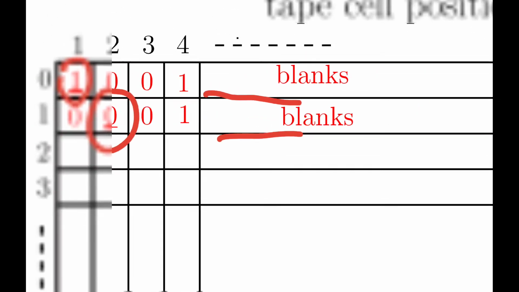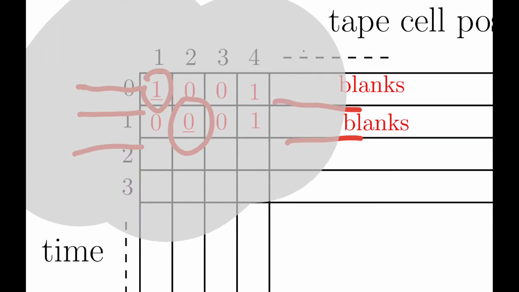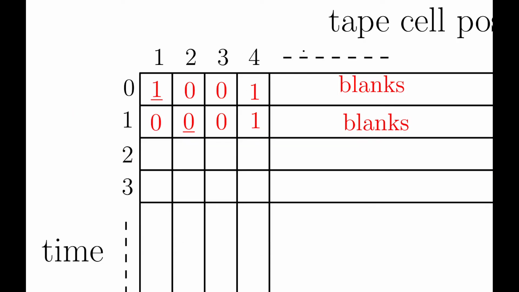The big deal is that if you think about those rows, this is time snapshot 0, snapshot 1, time snapshot of the machine at time 2, and so on. The snapshot changes only very locally, right? Essentially, if the head is in a location, then it can affect literally only the location below it, or to its right, or to its left.